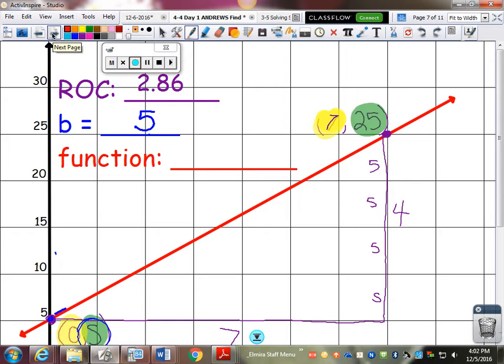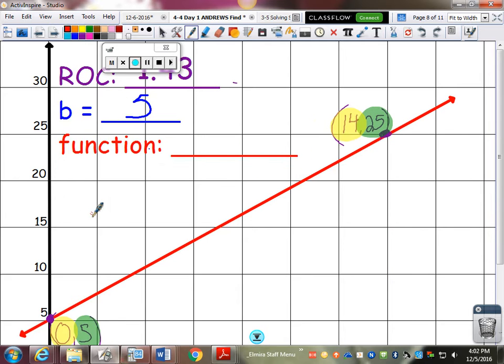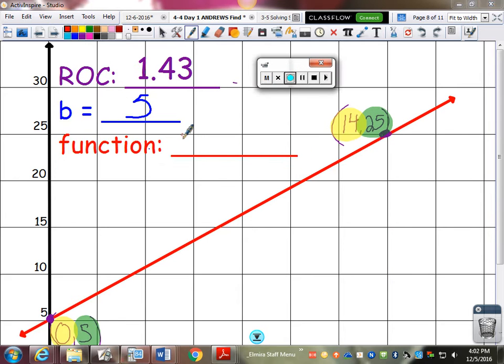Finally, the graphs. f of x equals 2.86x plus 5. We're just subbing the values in to write the equations. y equals 1.43x plus 5.